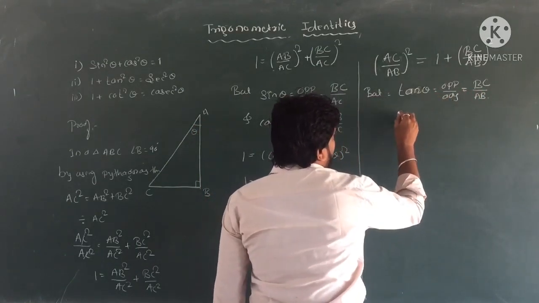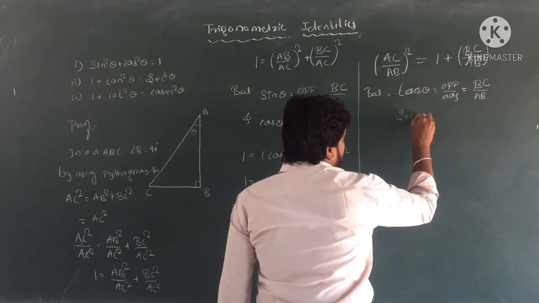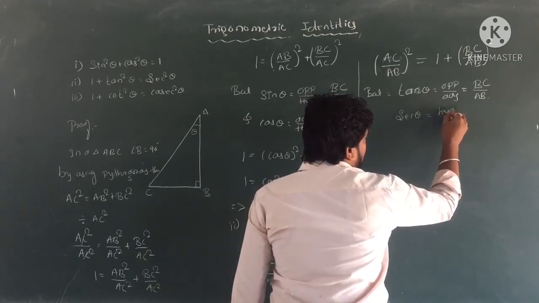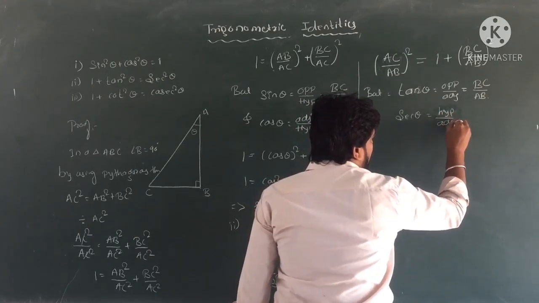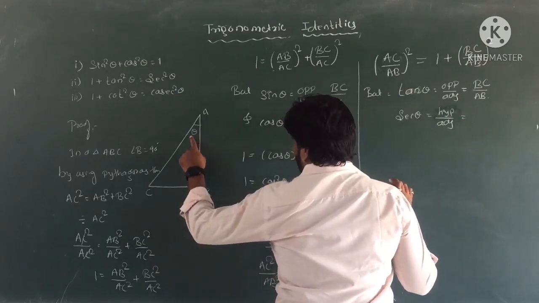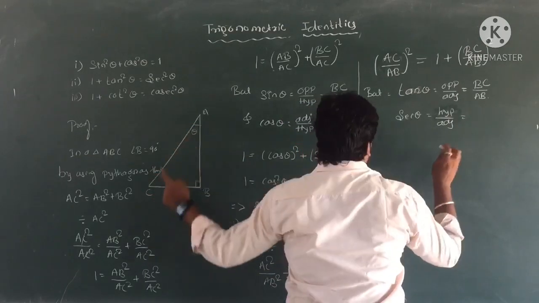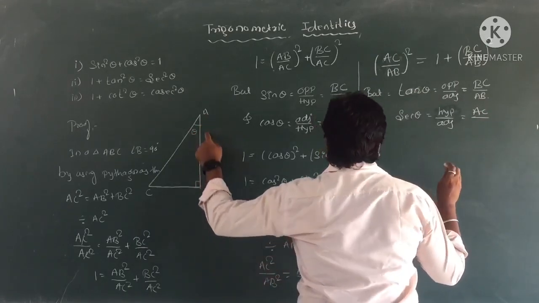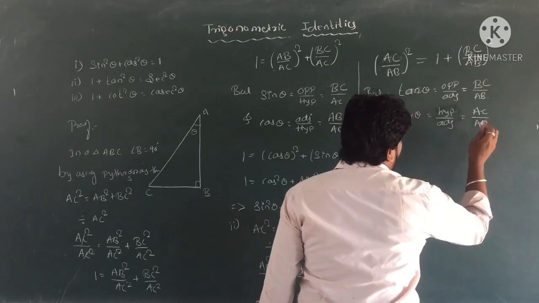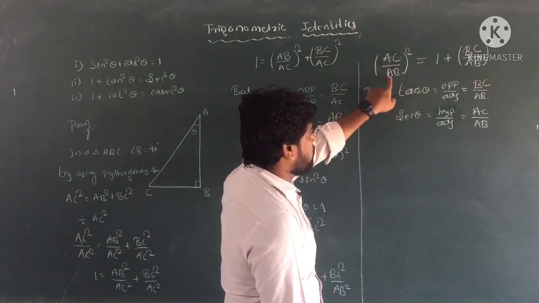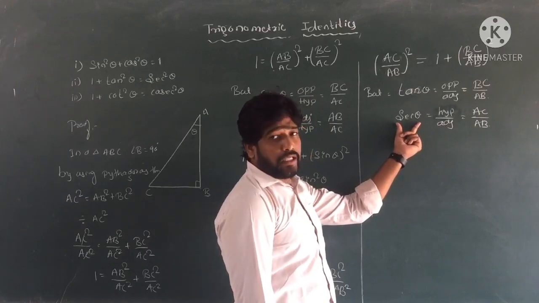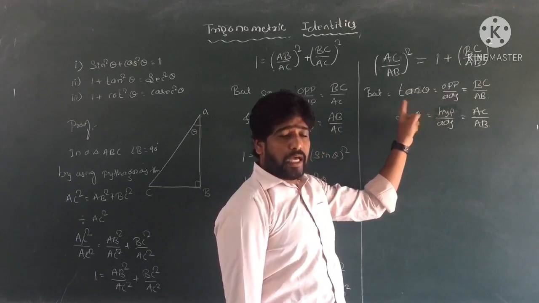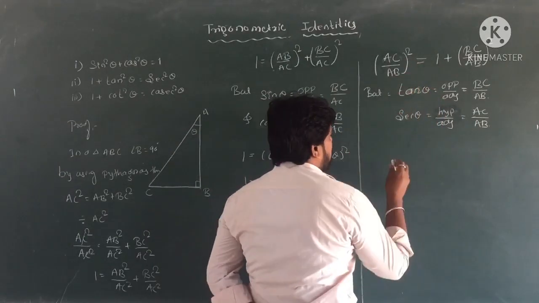And sec theta is hypotenuse divided by adjacent. When we consider theta here, hypotenuse is AC and adjacent is AB. So here AC by AB means sec theta, and BC by AB means tan theta. So you substitute these two in the equation.